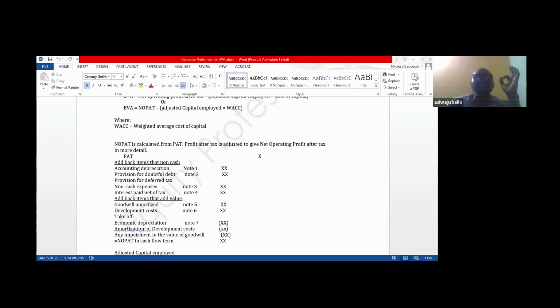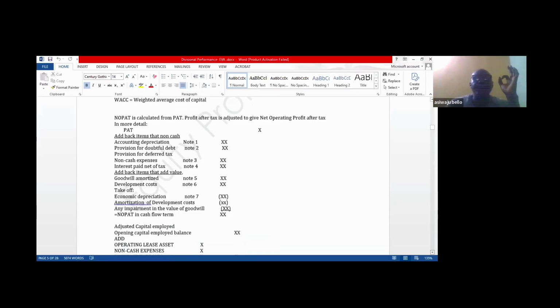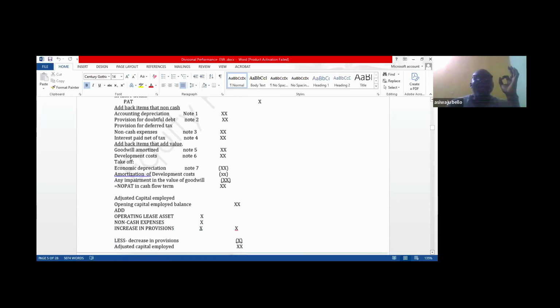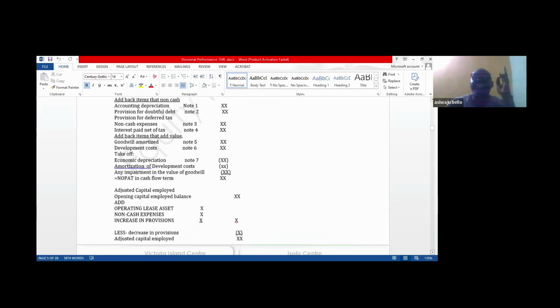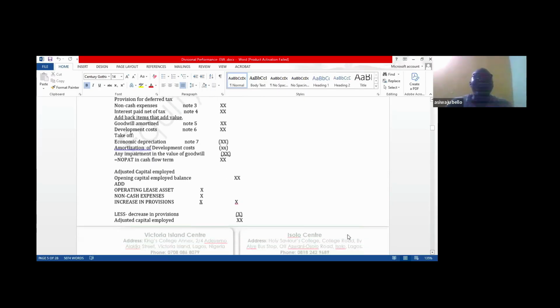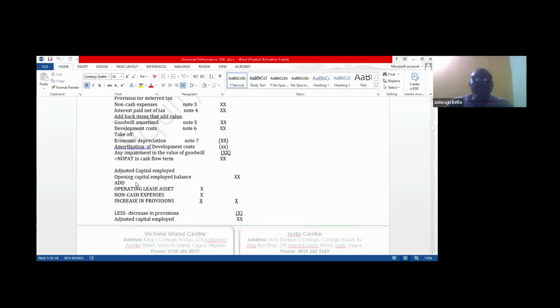Next, your adjusted capital employed. You are going to pick the opening capital employed balance, then add the following items: operating lease assets should be added back.